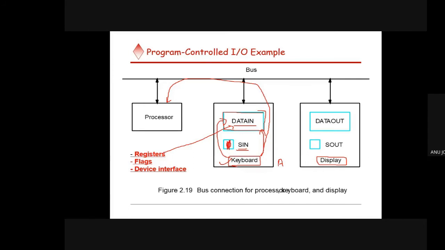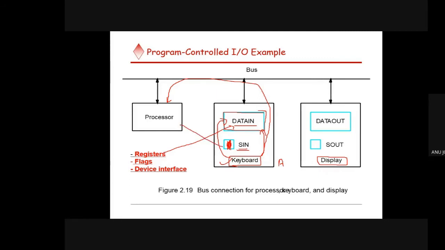SIN is the flag associated with the input device. So once the data in register is full, the flag will be set to 1. Instead of checking whether the data in register is full or not, the processor will directly check the status of the SIN flag.